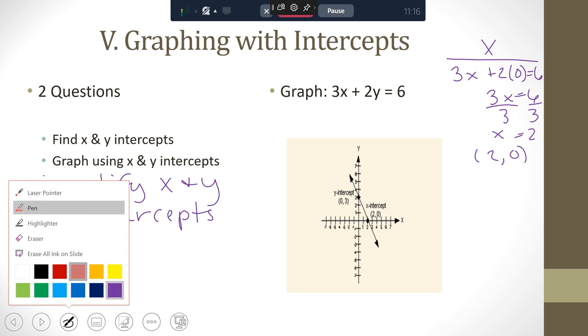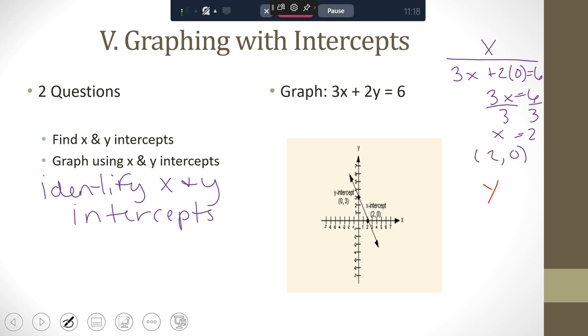Then I need to find my y-intercept. What am I substituting in? 0 for x. So I'm going to get 2y equals 6. Divide by 2. Y equals 3. So my ordered pair is going to be 0, 3.